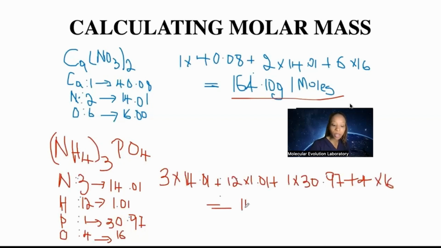This gives us 149.12 grams per mole, which means that 1 mole of (NH4)3PO4, or ammonium phosphate, weighs 149.12 grams.